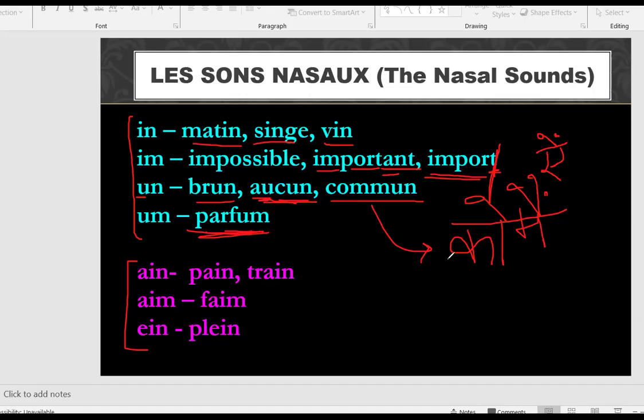This sound is also actually the same जो अभी हमने लिखा है यहाँ पे. यही है इसका sound. So how you read this word? Pan. Fan. Train. Very good.